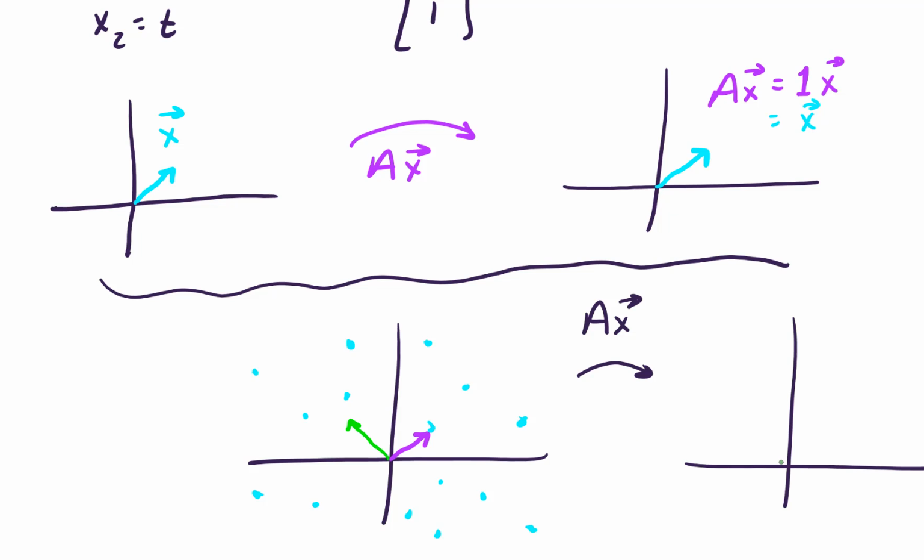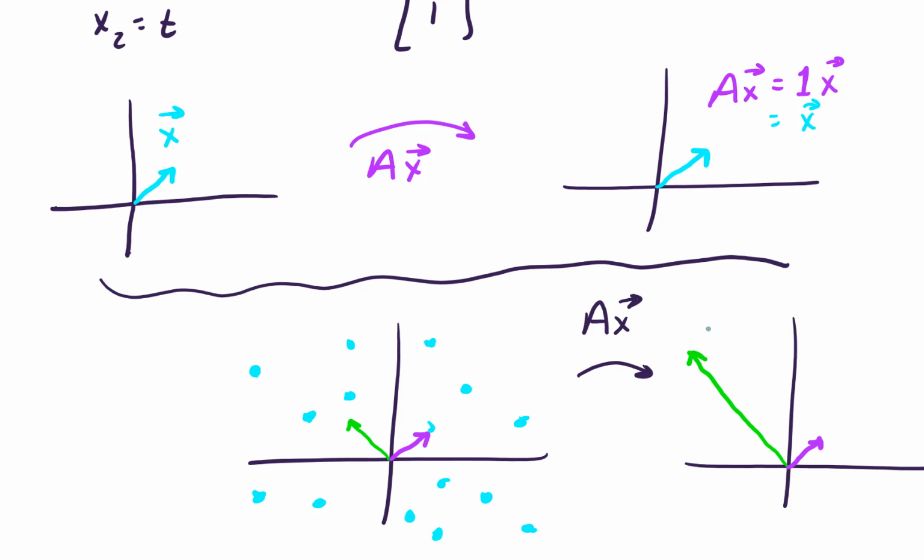This vector that was originally pointing in the direction -1, 1 is going to get stretched by a factor of 3. And this little purple vector pointing in the direction 1, 1 doesn't change its length at all. But what happens to these other points? Where do they get mapped to? They're going to move. They're going to rotate somehow because they are not lying on our eigenvectors.